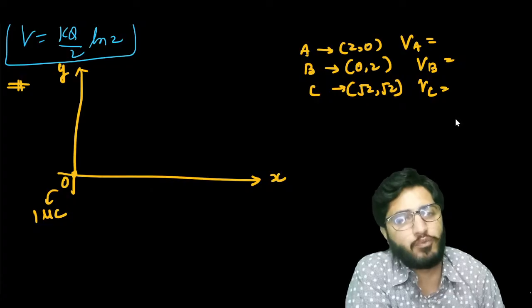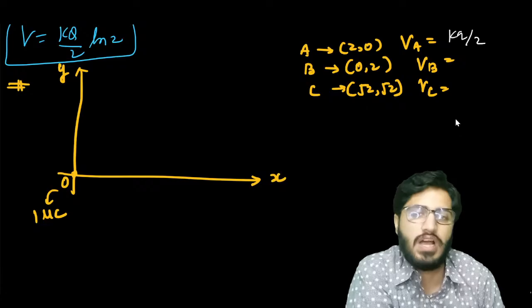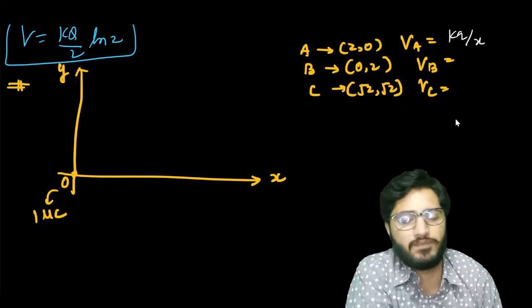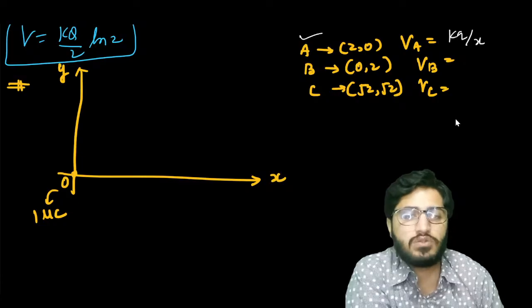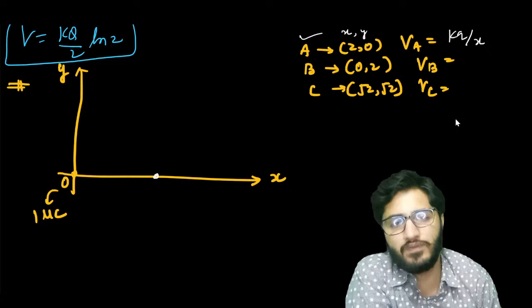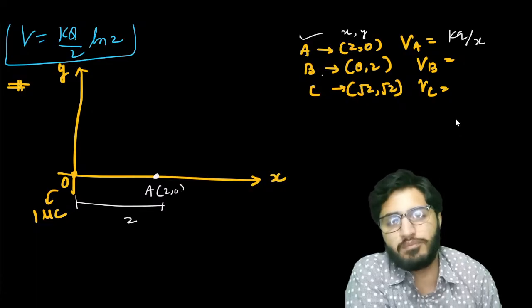I will write the formula. Potential would be KQ by length. Let us suppose the length is x. This formula we have to apply. First point is 2, comma 0, so x is 2 and y is 0. It is point A, so this length is 2. B would be here, with coordinates 0, comma 2. It is 2 only.